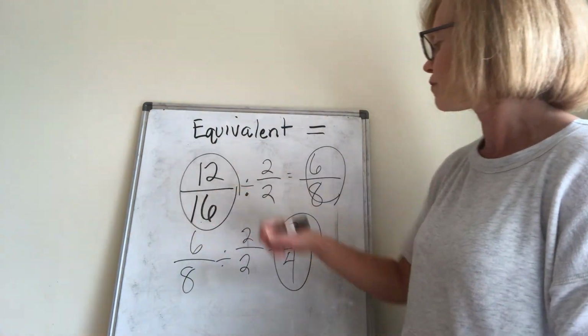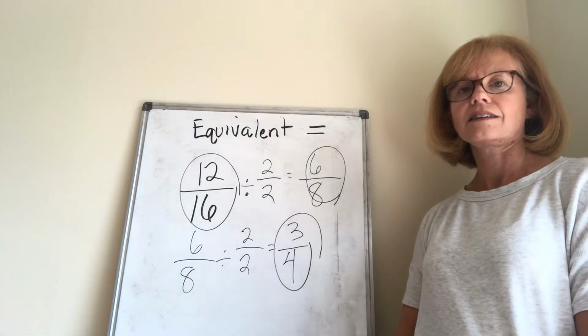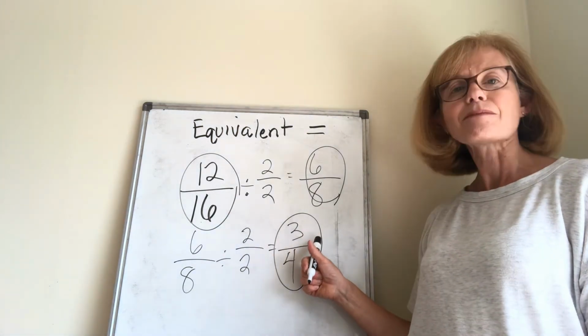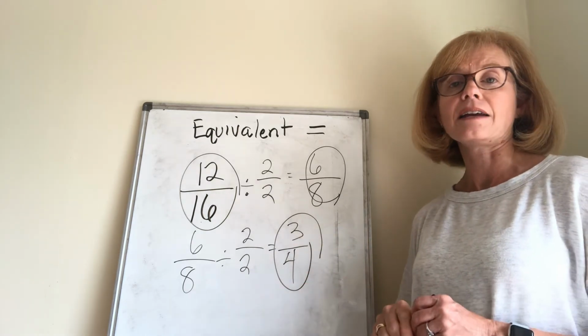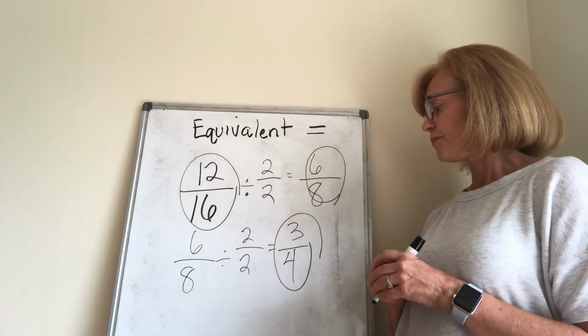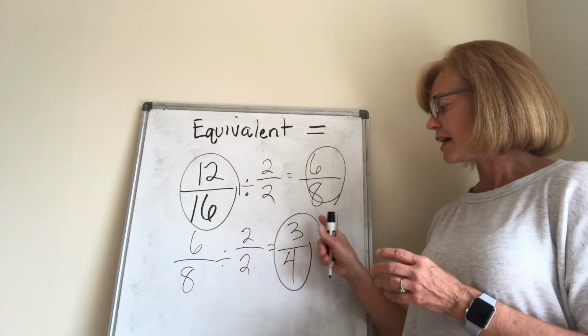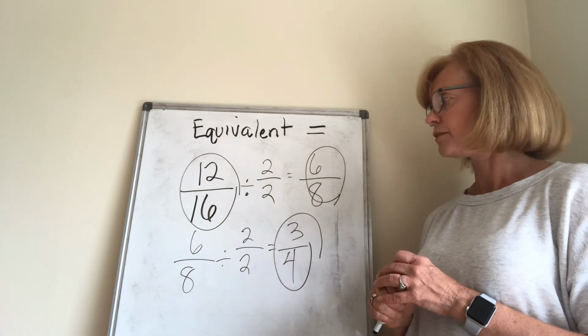All 3 of these fractions are equivalent. But this is the simplest form because there is nothing I can divide 3 and 4 by to get my numerator and denominator smaller.